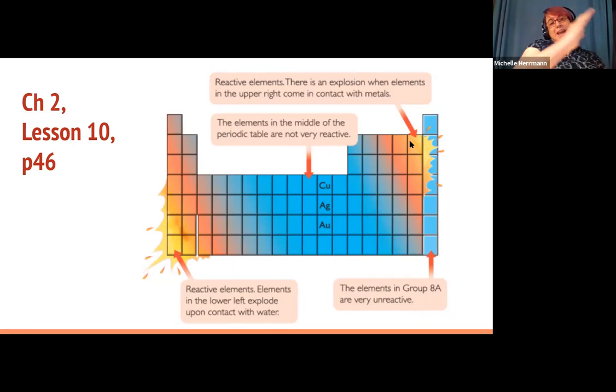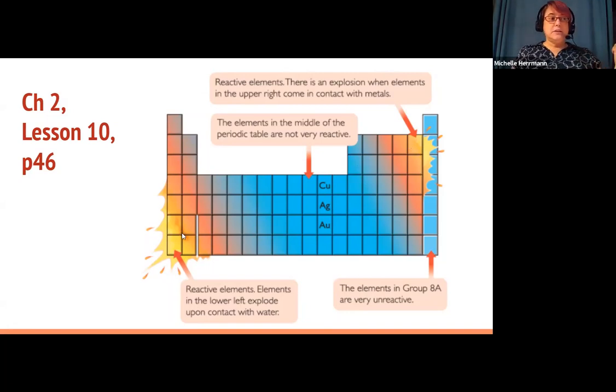As we went to the ends of the periodic table, we saw more reaction on the ends. Specifically the upper right, the fluorine, oxygen, chlorine, bromine, those were more reactive. And notice that's also the same place where I have atoms that want electrons, right? So these are the most reactive and they're also the strongest at grabbing electrons.